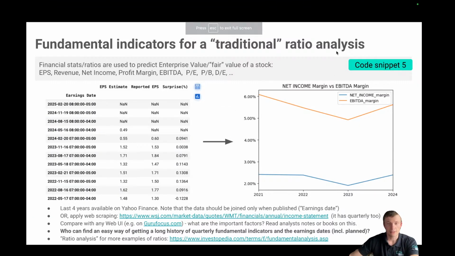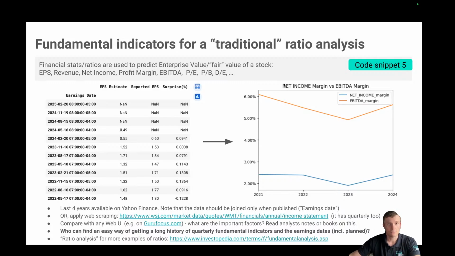Fundamental indicators. As I have said, this is a hard data set for me, because it's nearly impossible to find a free data set or reliably scrape a long history of data. If you can find it, please let us know.